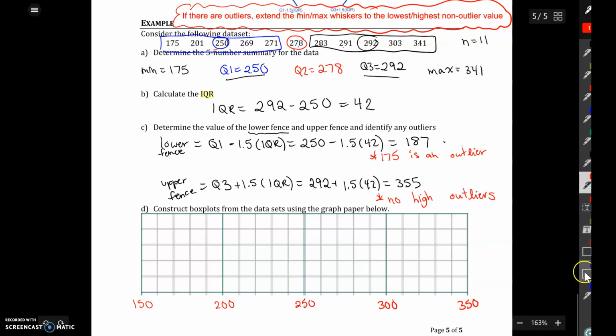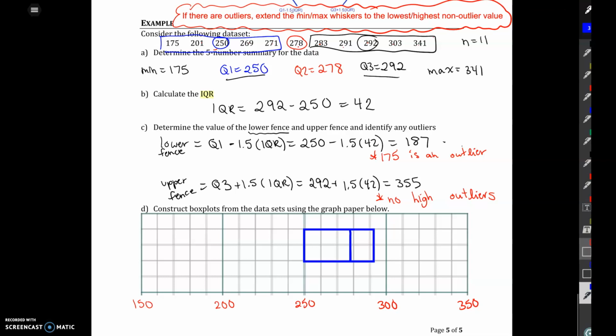Okay, so now we proceed as normal. The first thing we do is draw our box going from the Q1 value to the Q3 value. That doesn't change. My Q1 value is 250, my Q3 value is 292, and I put those in. The next thing that I do is label my median value with a line in the middle of my box, extending from both sides.